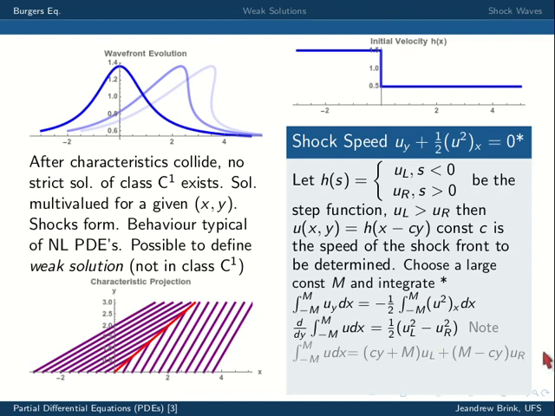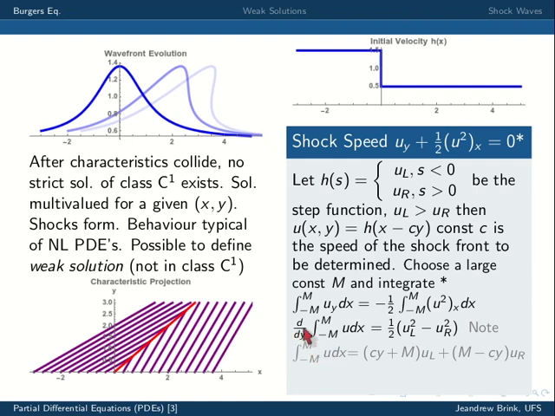Then the second part, the u right part, is you want everything on the right over here, which is simply m times ur, but you're not going back to the origin, you are stopping over here at the shock front. So it's less than it was initially, so you have minus cy, namely the distance the shock front has moved. Now you have an equation, because you've evaluated this thing.